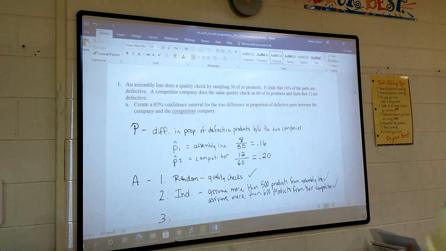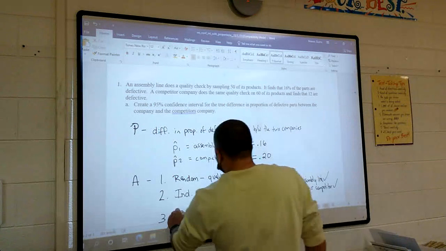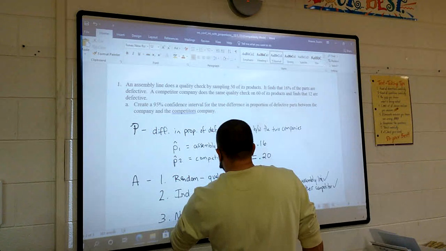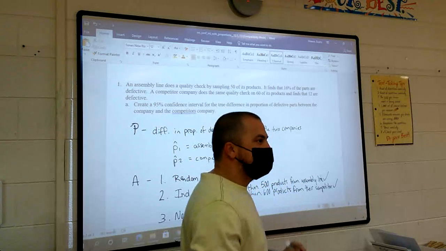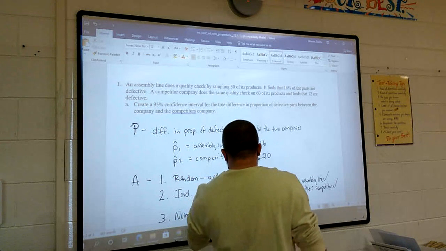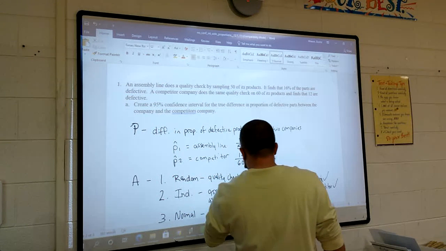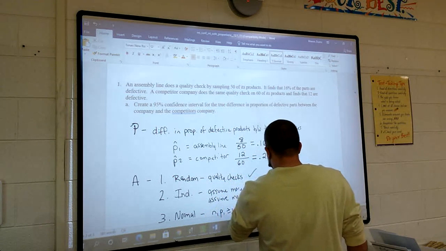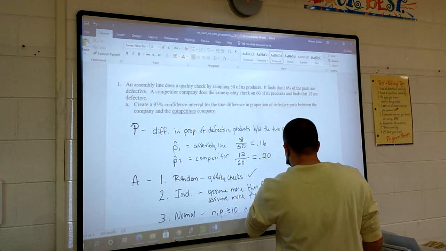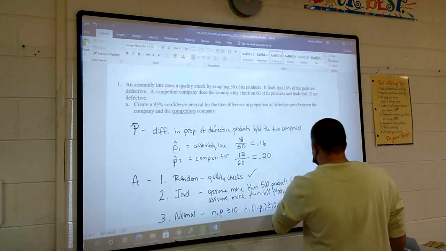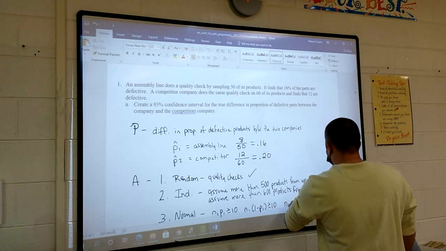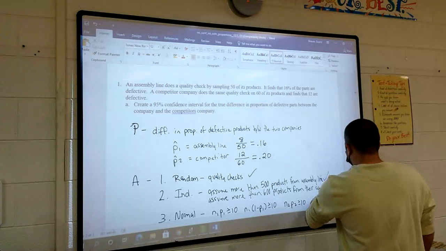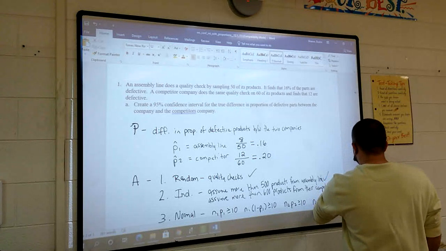Then the last one is normal, and this is actually the first time where it's going to fail the normal condition. So we have n1 p1 greater than or equal to 10, n1 (1 minus p1) greater than or equal to 10, n2 p2 greater than or equal to 10, and n2 (1 minus p2) greater than or equal to 10.